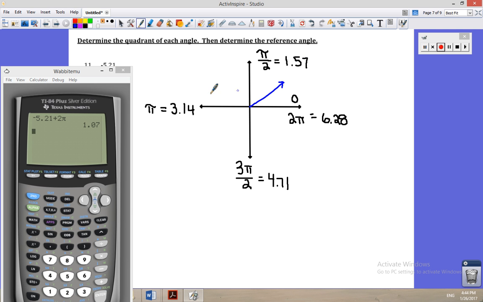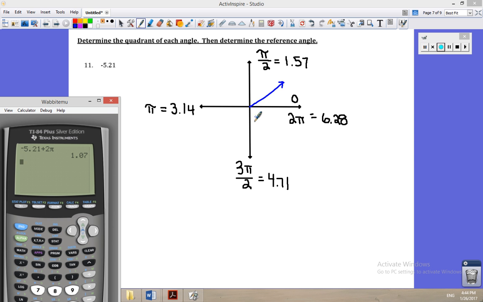So I know that although you're going around in a clockwise direction, when you come around here, this angle right here is 1.07. I know that this terminal side is in quadrant 1, and when you're in quadrant 1 and your angle measure is between 0 and 2 pi, the reference angle is just itself, because reference angles are always acute angles, and the angles in quadrant 1 are acute angles.